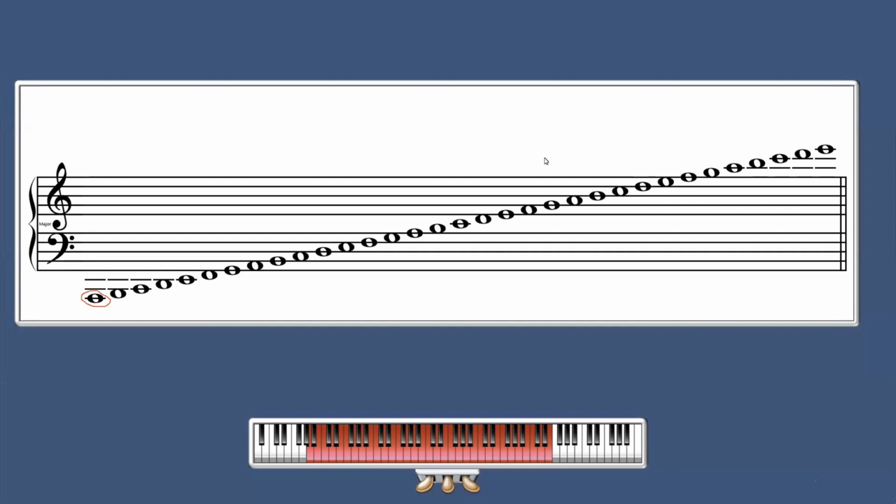Two lines below is low C, right? Bottom space A, F clef F, middle C, G clef G, top space E, and high C are our 7 home notes.